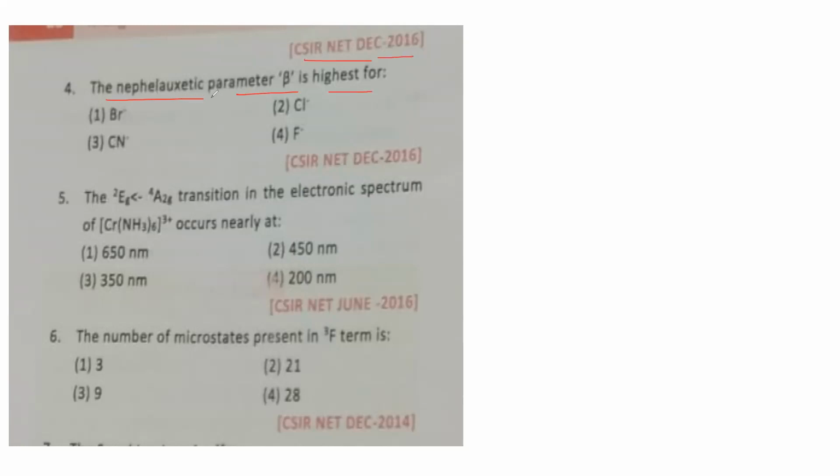To solve these questions, first we have to understand what is the nephelauxetic parameter beta.